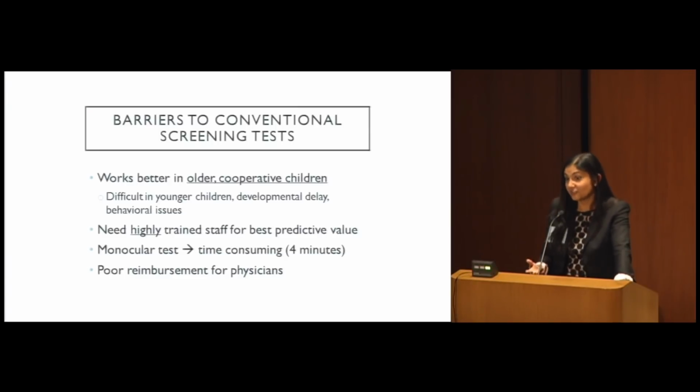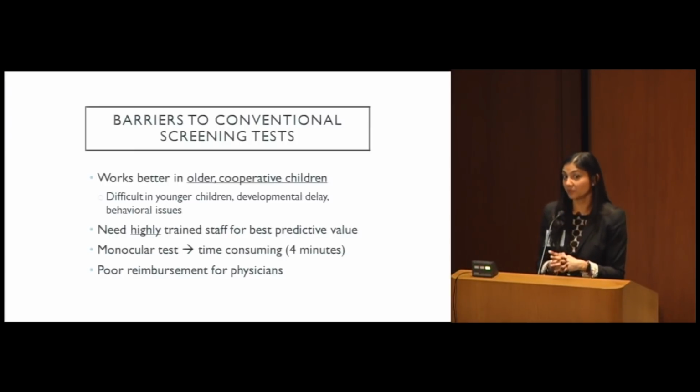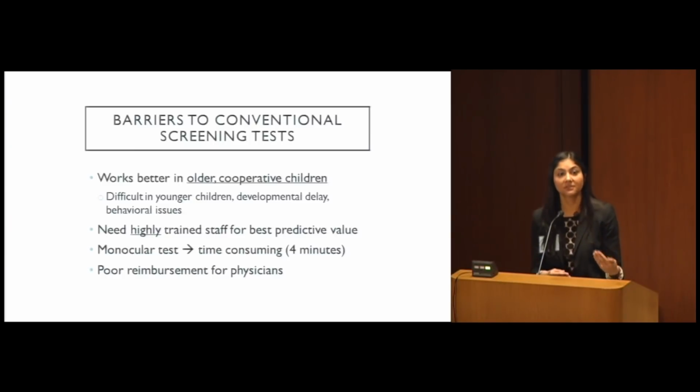We do tend to have difficulty, even with the Bruckner red reflex sometimes, in children who are developmentally delayed or who are younger and are just not cooperative in general. Sometimes the visual acuity test needs to be done monocularly. You need to test one eye and then the other, which is very time consuming. And so for that reason, people find this to be inefficient and perhaps more cost inefficient for the physicians.